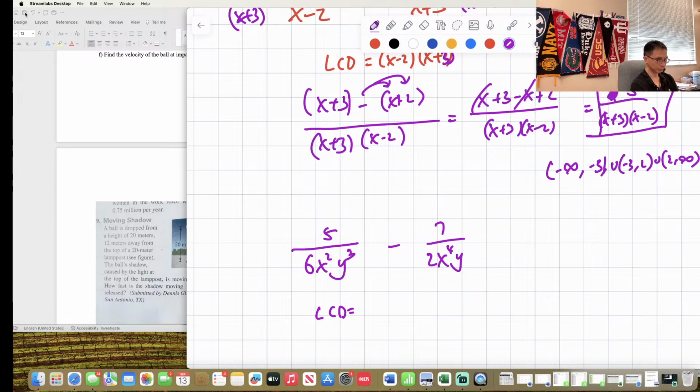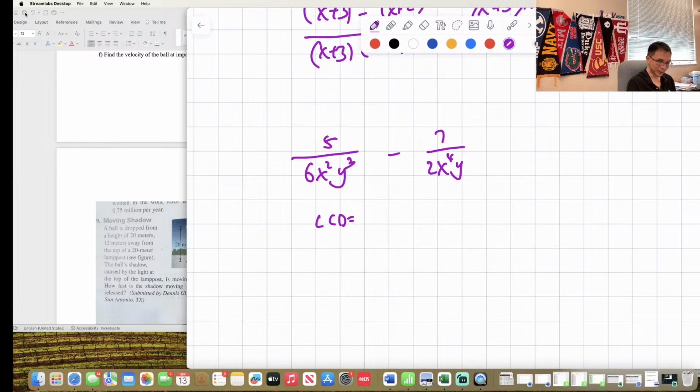No. So you have to decide between 6x squared y to the third versus 2x to the fourth y, right?